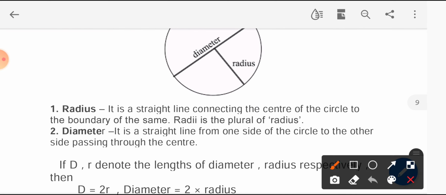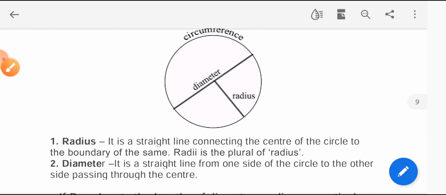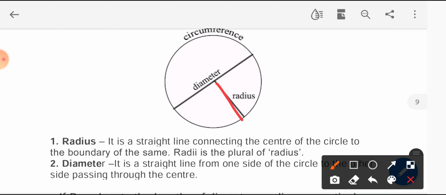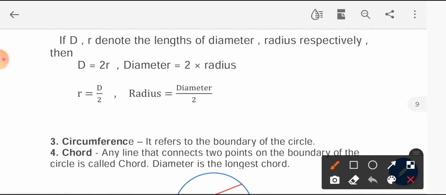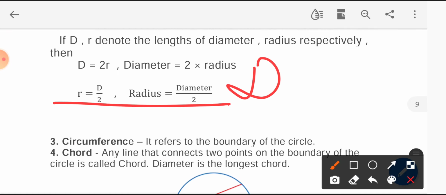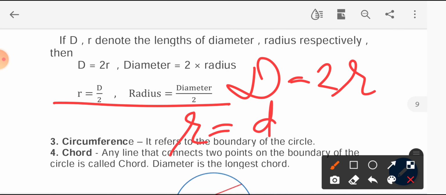So there is one relation you can see. It is a radius. If we join this one again, then it is known as diameter. So the relation between diameter and radius is that diameter is double of radius, or we can write that radius is half of diameter.